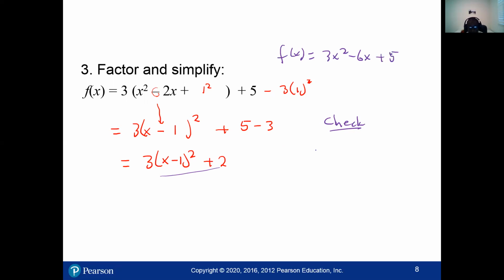Would we get this? So let's take 3 times (x minus 1) squared plus 2. So that is that, and the f of x is equal to this.